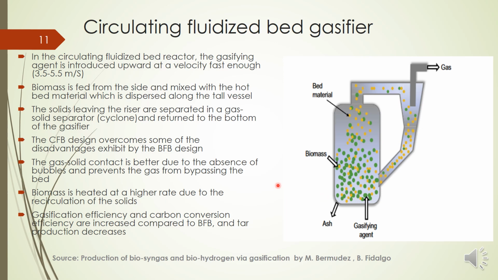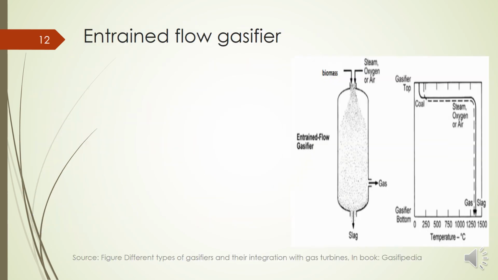Now we have two more gasifiers. One is the entrained flow gasifier. This is a typical entrained flow gasifier. Here you can see the biomass is fed from the top, as well as the gasifying agent, the oxidant. It has a temperature distribution, and this has a very high temperature.